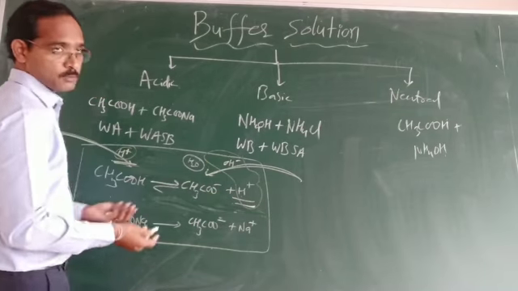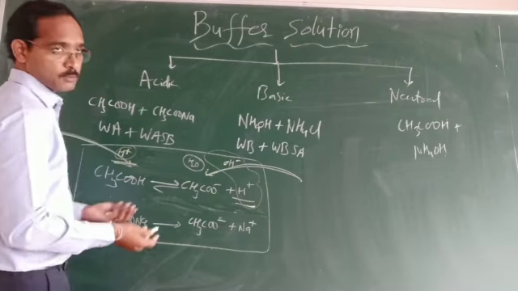I added 10 OH minus ions. Then 10 plus 10, so 10 water molecules form here. 90 H plus ions will be there. Then immediately the weak acid dissociates: 10 acetic acids dissociate, producing 10 acetate plus 10 H plus. Then 10 plus 90 again becomes 100.